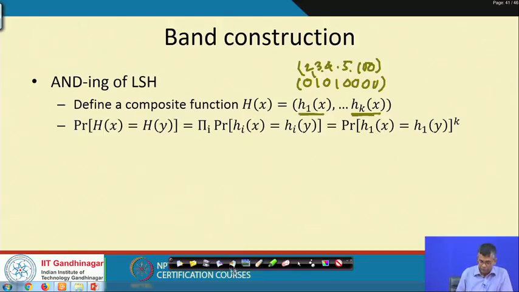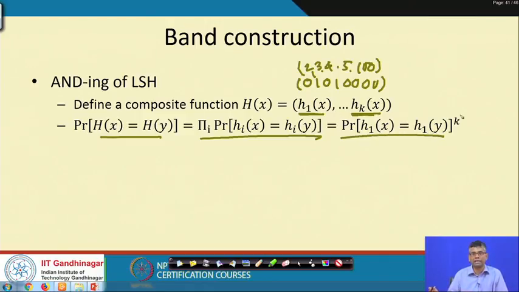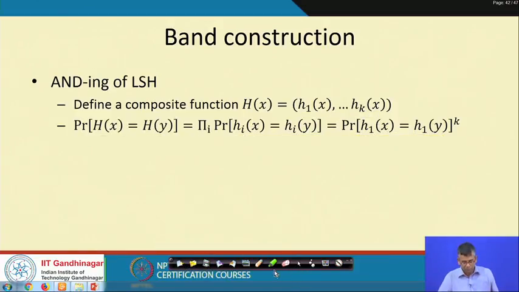Okay. So, now what is the probability that h of x equals h of y? Because we choose these k functions independently, it is a product of these probabilities. If all of them are identically distributed, it is the probability that one of them collides, to the power k, because this probability is a function of the distance between x and y, nothing else. But see, because we are doing everything to the power k, all the probabilities fall down.